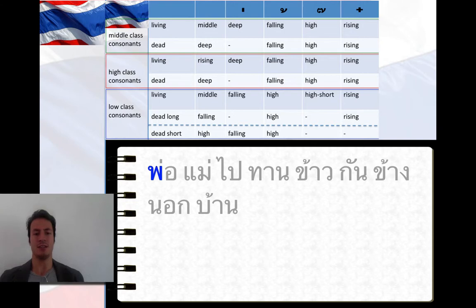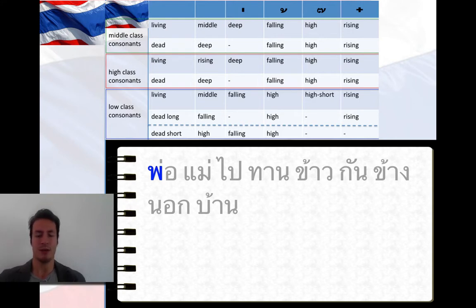What we also see is that there's the first tone mark on top of the low-class initial consonant.